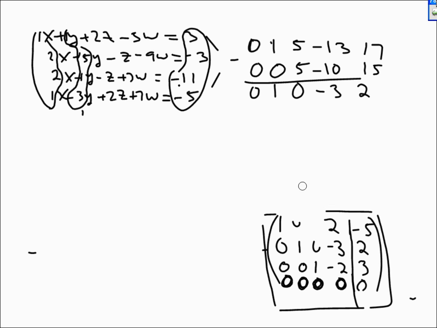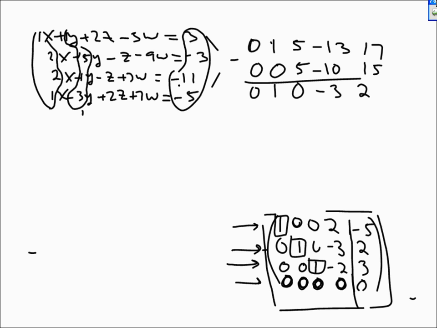It's going to have an infinite number of solutions because there is what is called a free variable. Let's identify the leading entries. Here's my leading 1 for row 1. There it is for row 2. There it is for row 3. Row 4 did not have any.